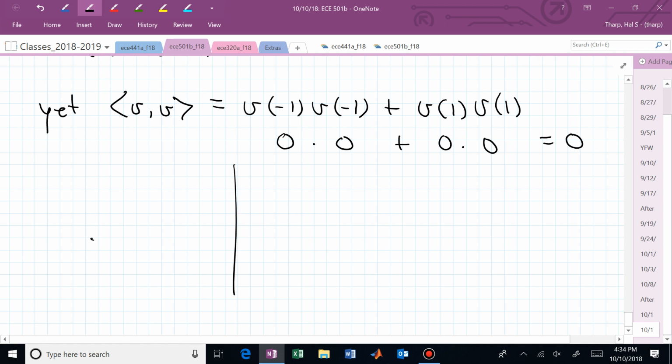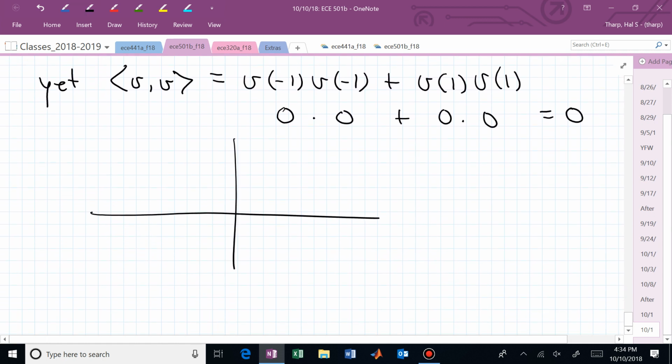And that's because if you just look at my function, what was it? T squared minus 1. If I could draw, there's t squared minus 1, if this is t.